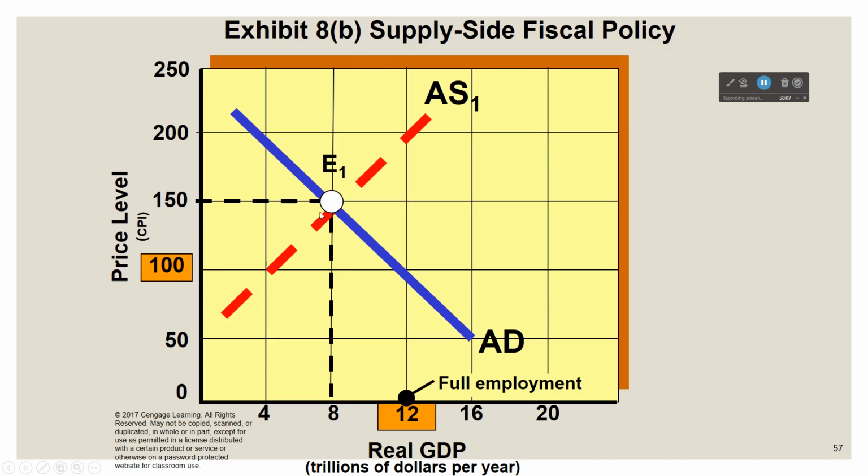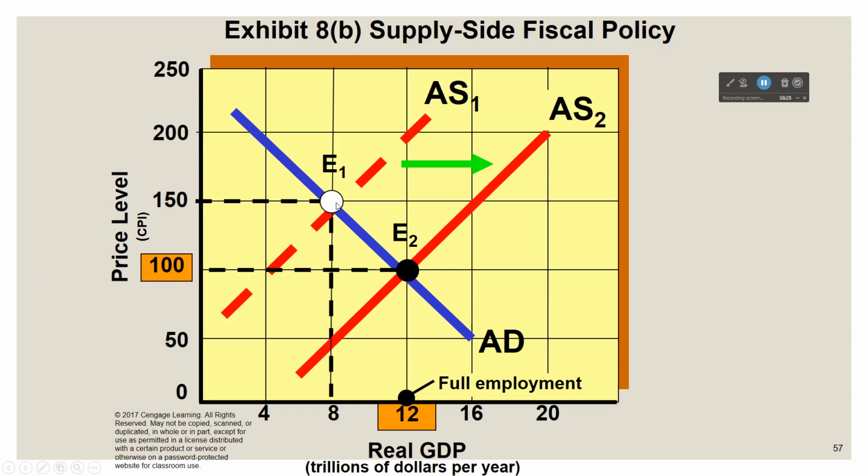And here's how that would look. Here's our initial equilibrium. Full employment is out here at 12 trillion. We're in a short run equilibrium where we're producing $8 trillion worth of output, and we have a price level of 150. Now, if we push this aggregate supply curve to the right, watch what happens. The economy moves from E1 to E2.